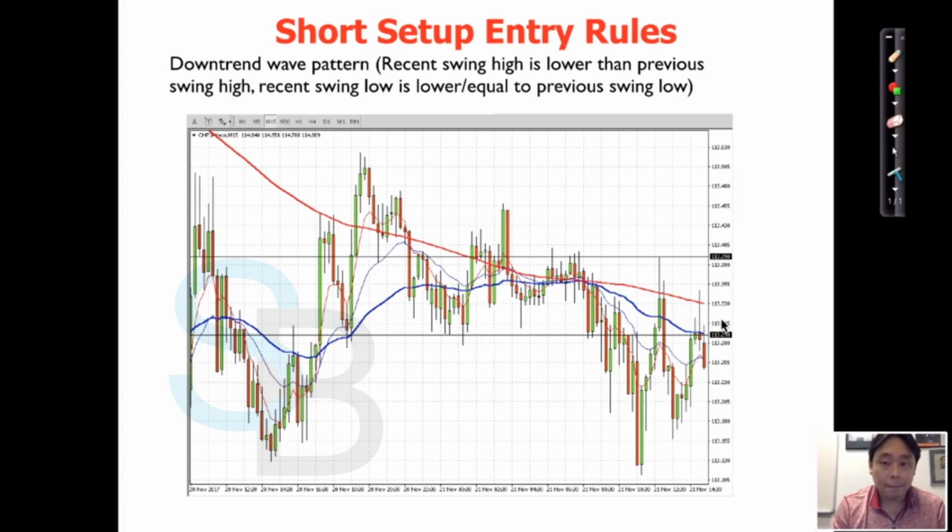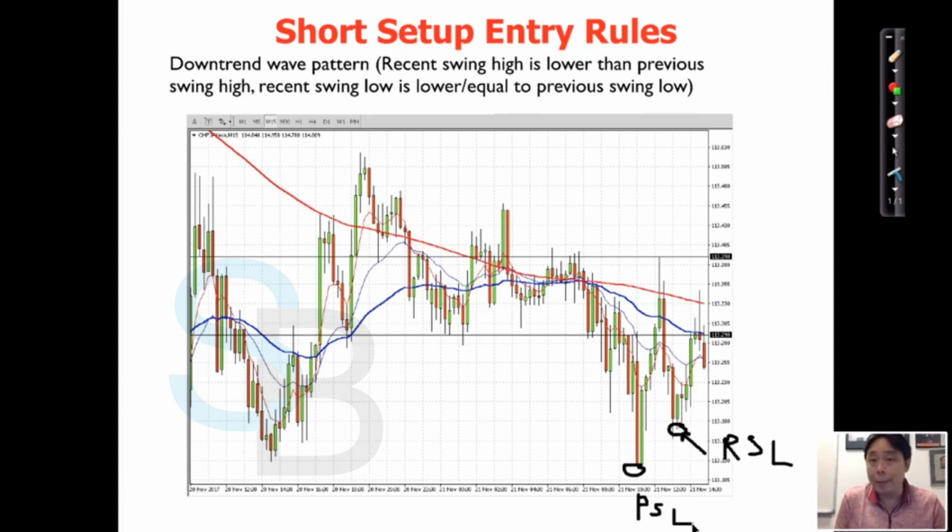Where is the recent swing low? This one, there's a recent swing low, right? Over here. Recent swing low. Where's the previous swing low? Here. That's the previous swing low. So remember, on a downtrend, the recent swing low must be lower than the previous swing low, must make lower lows.